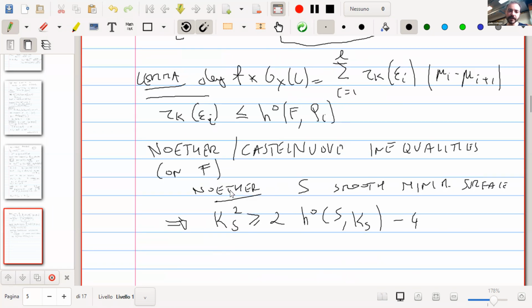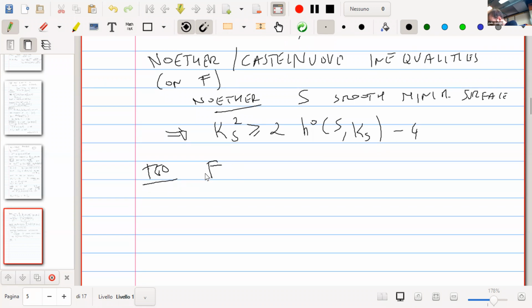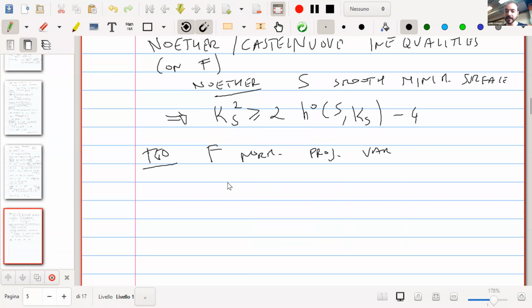So we have many generalizations of this result. Let me tell you just one result, another theorem, the last theorem. F is a normal projective variety. This will be applied to one fiber of little f, so one fiber of the family.